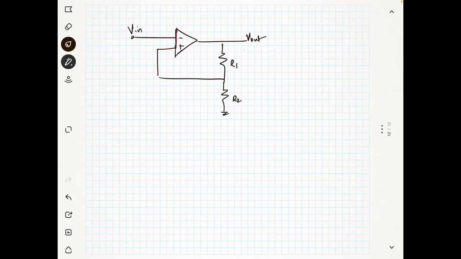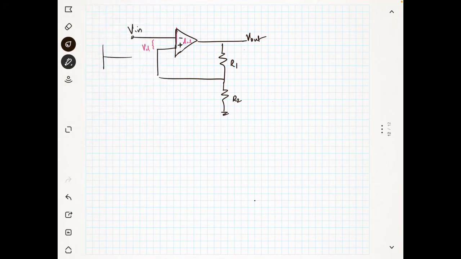You can see that this is a positive feedback because the feedback is connected to the non-inverting terminal of the amplifier. Now you can mark the Vd here, and this is AOL.